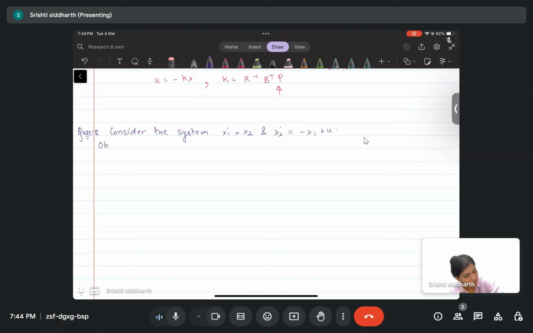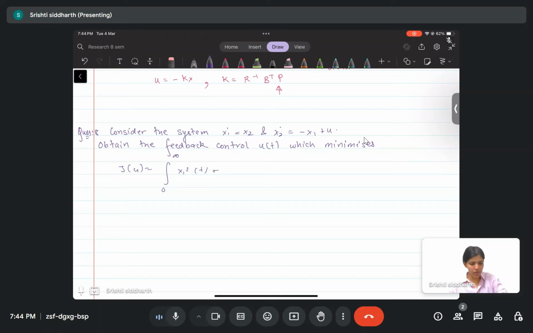So the objective is to obtain the feedback control u(t), which minimizes the cost J as a function of u, the integral from 0 to infinity of x1 squared plus 2x1x2 plus x2 squared plus 2u squared. All of these are functions of time, dt.